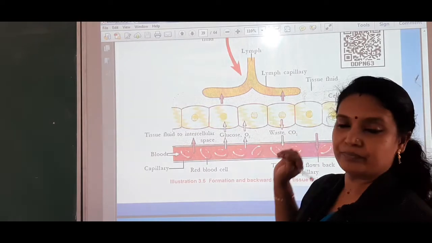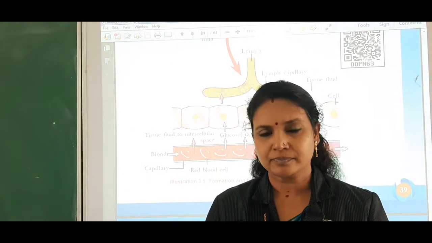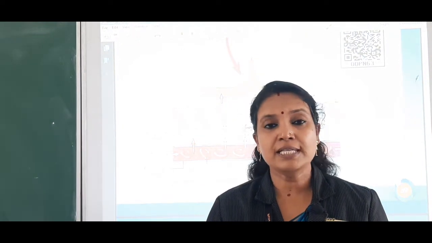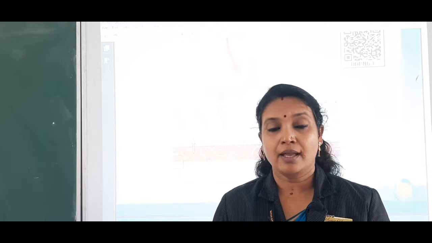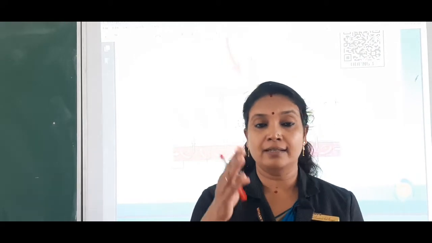This is very important from the examination point of view, I am telling. Okay, so now let us discuss how the lymphatic system helps to transport the fatty acid and glycerol. So, when we studied digestion in the second chapter, you know that from the small intestine the fatty acid and glycerol are absorbed into the lymph in the lacteal.